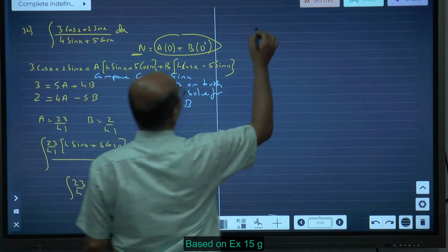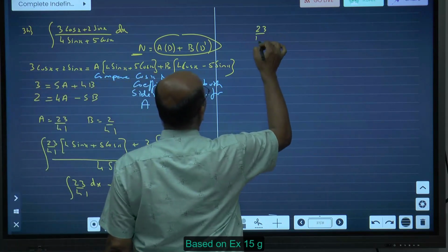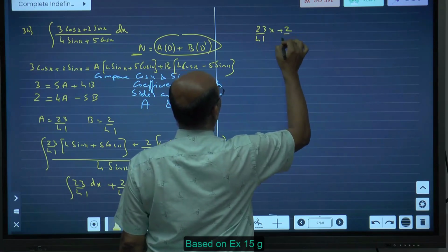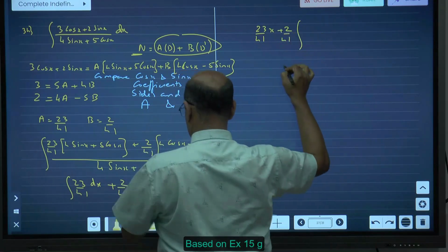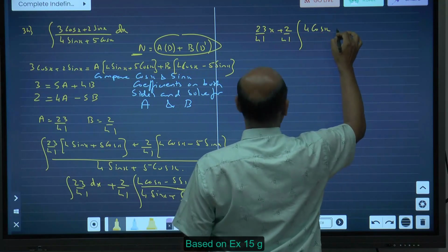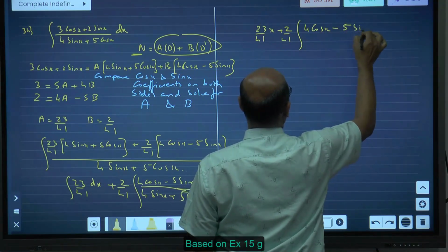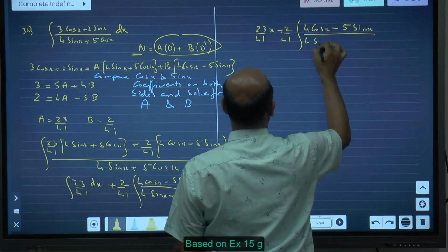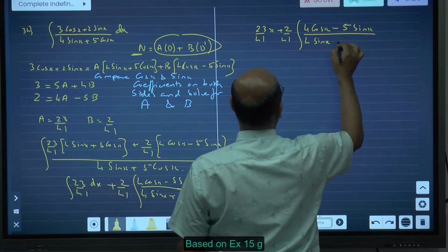So this will become 23 upon 41 x plus 2 upon 41, I am writing this again so that we solve it properly, (4 cos x minus 5 sin x) upon (4 sin x plus 5 cos x).